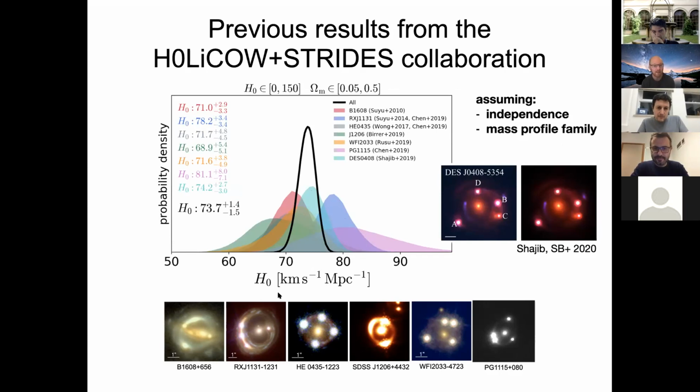So what we have here is a set of measurements that are all very consistent among each other statistically, all pointing to a higher value. And now, well, this is assuming they're independent and that the mass profile families that we're using are sufficient to describe the reality of these lenses.